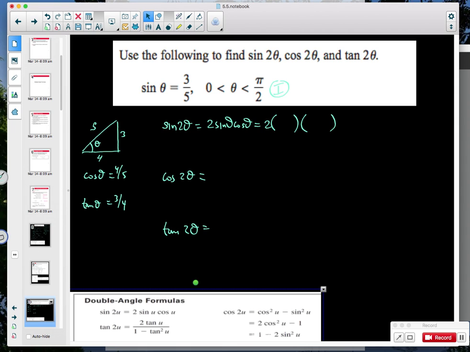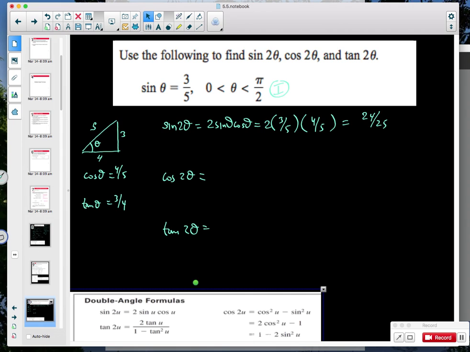I have 3/5 for sine theta, and 4/5 for cosine. So that becomes 24 over 25 if you multiply this.